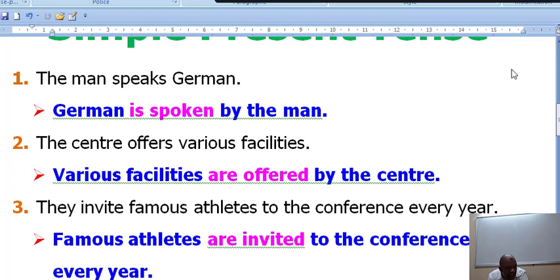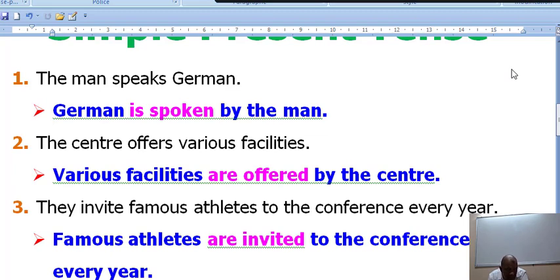Number 3: they invite famous athletes to the conference every year. So the complement is famous athletes, then are, in order to agree concerning the plural form, athletes plural and are plural. This is the auxiliary.